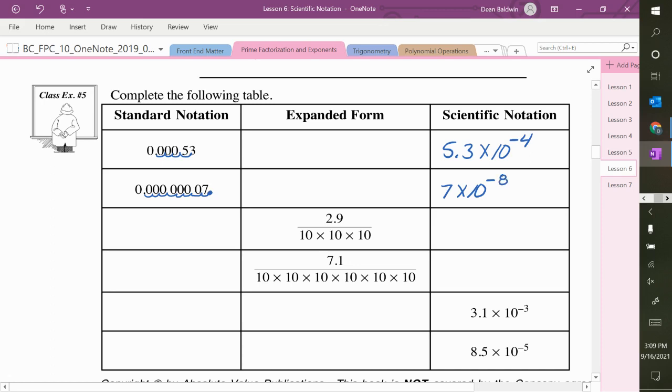Yeah. If you only went to here, if you only went to there, then it would be 0.7 times 10 to the minus 7, which is still the same number. But can your leading number be less than 1? No, it has to be greater than 1. It has to be between 1 and 9. So that's why it's that.